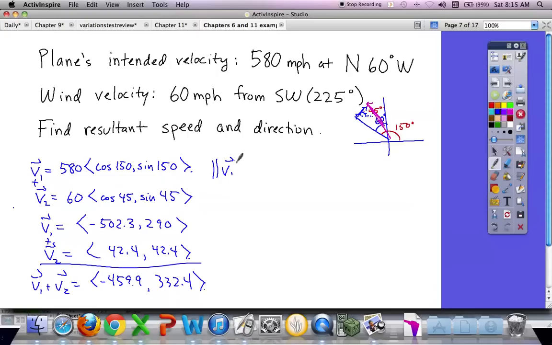How do we find the magnitude of that? Same way we found the magnitude of a vector before. We do the square root of negative 459.9 squared plus 332.4 squared.